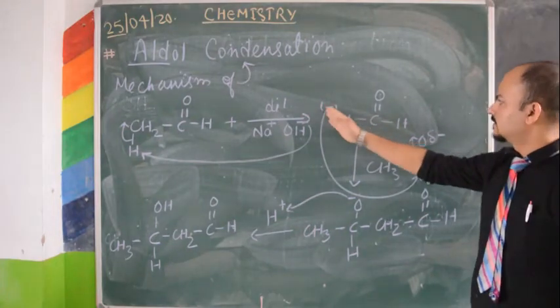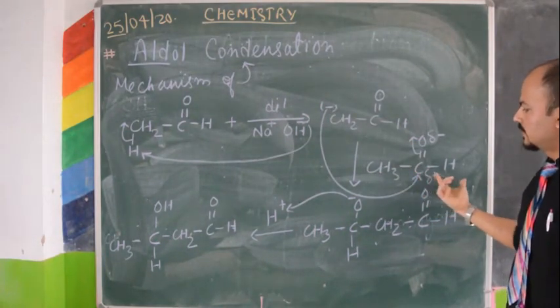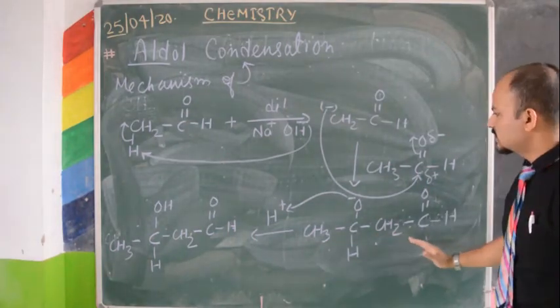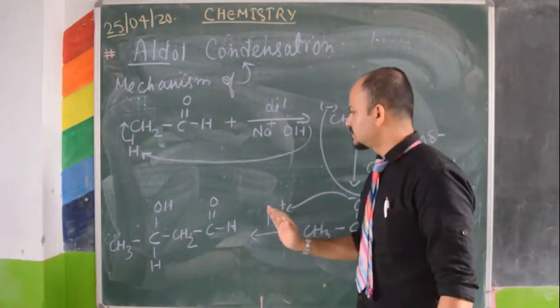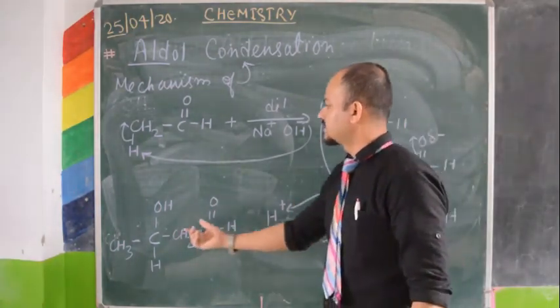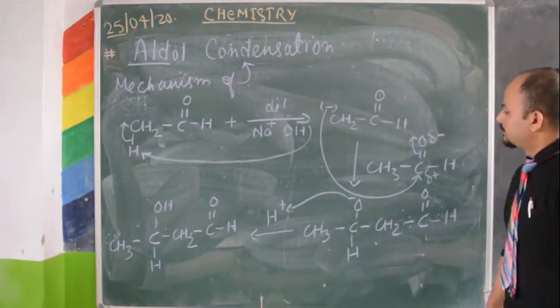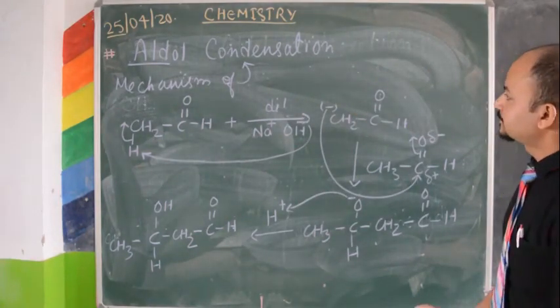This anion will get condensed with another molecule to get a condensed product. And the final step is very simple. This negatively charged oxygen takes a proton and gets converted into OH. Hope this is clear?